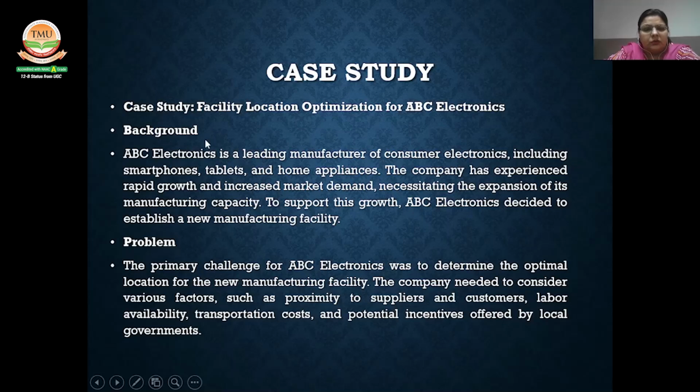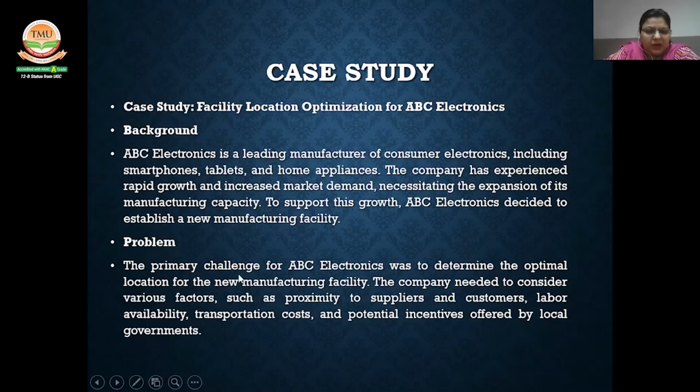So from the above declaration, it is clear that a particular electronic company wants to expand its business, its particular unit. So which kind of location do they want?